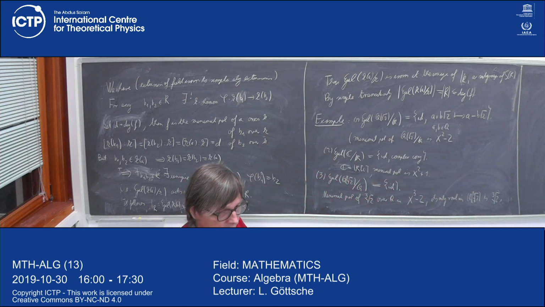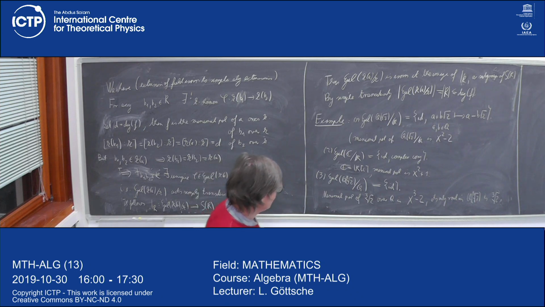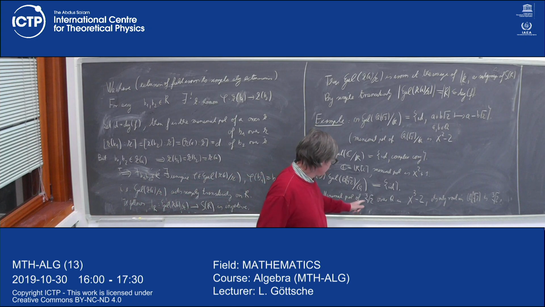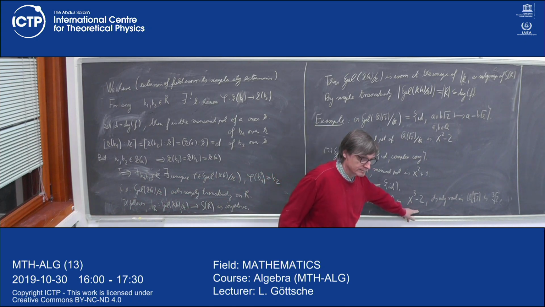Please, I don't understand. What didn't you understand? Why the Galois group of this field extension is only the identity? But this was supposed to be the explanation. So let me try again. For this field extension, the minimal polynomial of ∛2 over Q is this one.